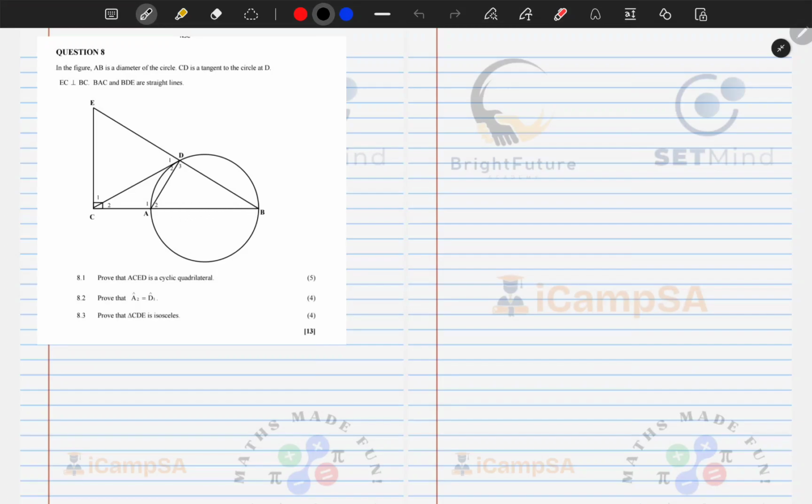CD is a tangent of the circle at D. And we are also told that EC is perpendicular to BC, and BAC and BDE are straight lines. Great.